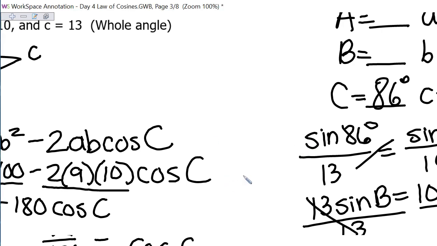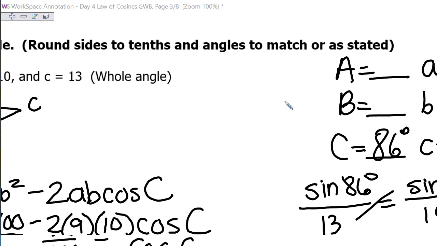So that gives us sine of angle B is equal to 10 times the sine of 86 degrees divided by 13. That is an arc sine value, so what do I have to remember in the calculator? Do inverse sine of that fraction, and we're rounding to the nearest degree. 50 degrees, we agree? Yes. Okay, so angle B is 50 degrees.